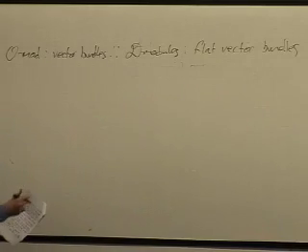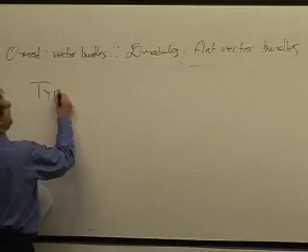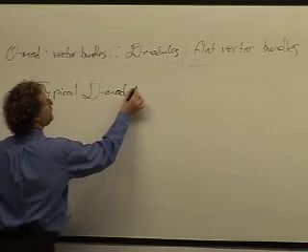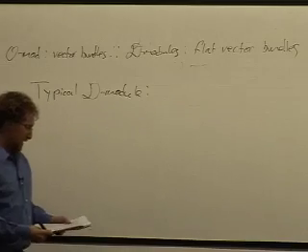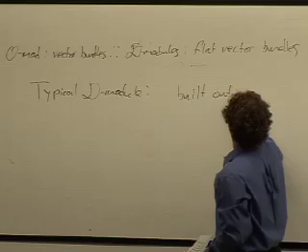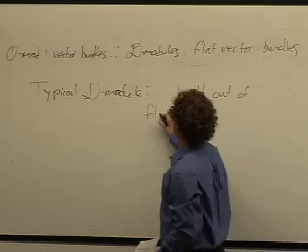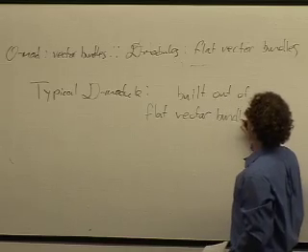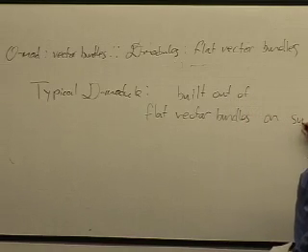What does a typical D module look like? Well, it's going to be built out of flat vector bundles, but not on the whole space, on subvarieties.